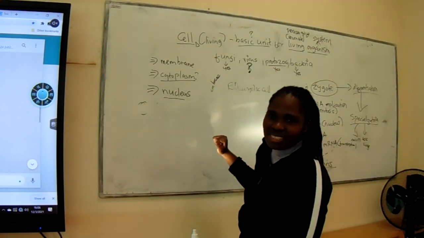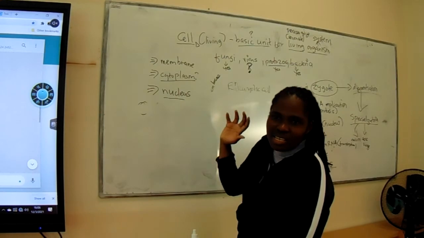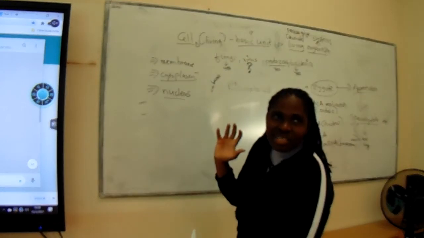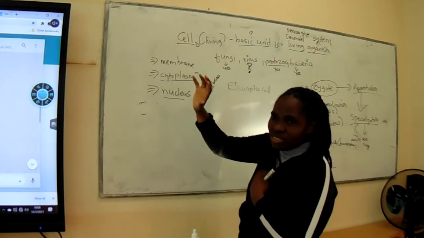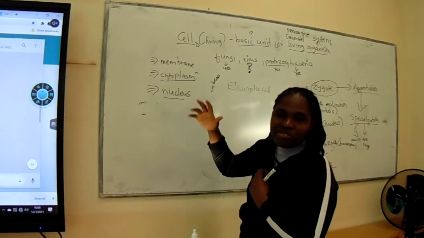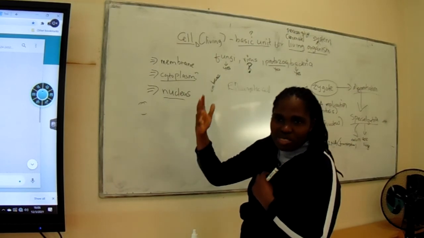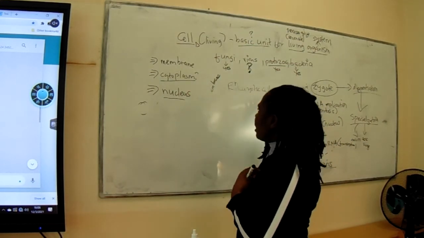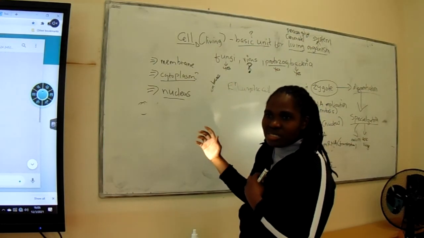Okay, yes, but now there are different kinds of those cells. Yes, there are prokaryotic cells and eukaryotic cells, because now we want to differentiate a human being from other living organisms, because there are quite a number of species of living organisms. But now we need to rightly identify what it is.